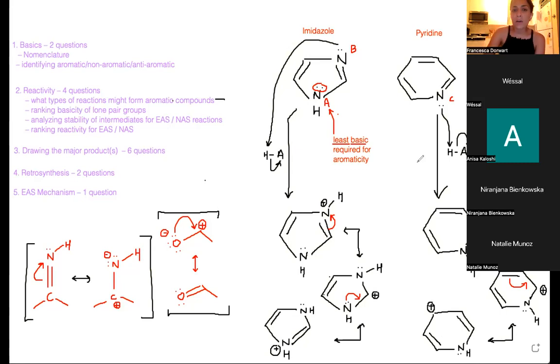So if we were to keep going, we could do one more resonance structure for pyridine, in which we would move the pi bond again. But the most important thing here is not to do with the right having more resonance than the left. It's that the left structure, the imidazole conjugate acid, has a positive on this nitrogen when it picks up a proton.